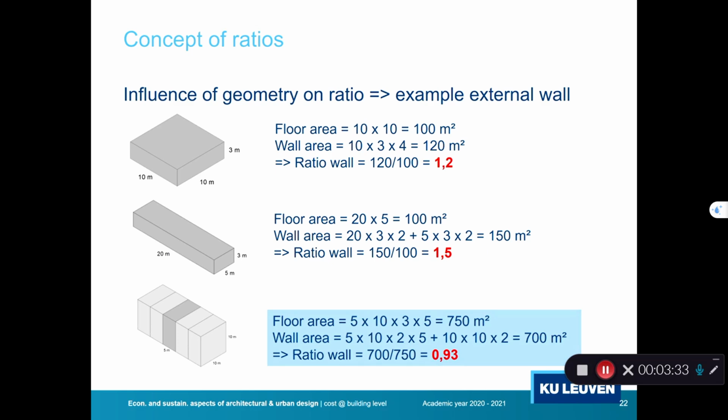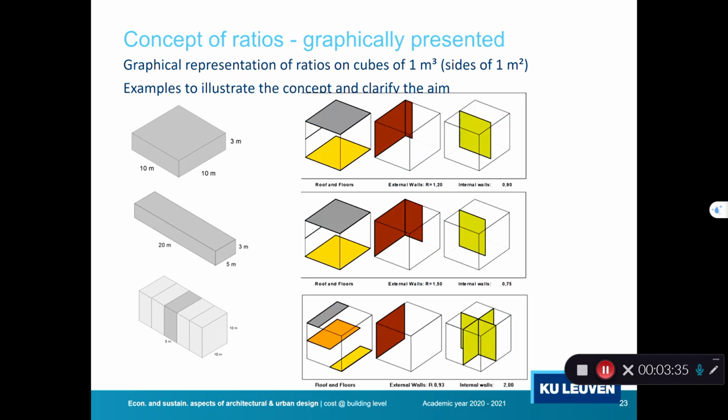In the next slide, we again look at the ratios of the external wall, but also the other elements. We have the same three buildings analyzed before, and in the middle, in dark brown, we see the graphical representation of the ratio of the external wall. How is it represented? Here we have a cube of 1 cubic meter, so each surface is 1 square meter.